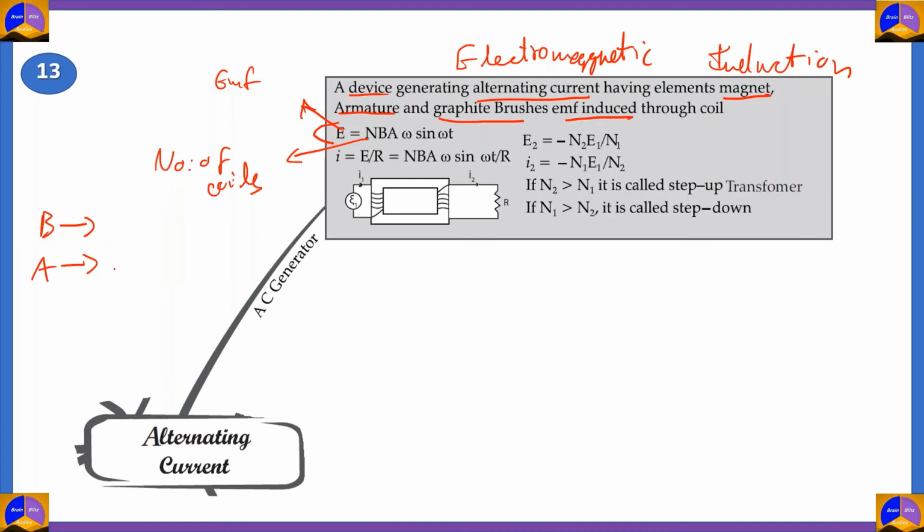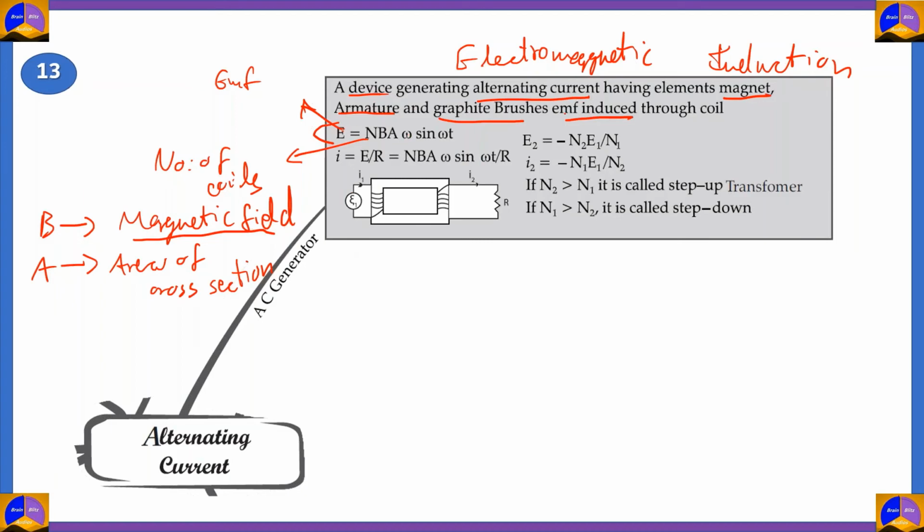We have B and A. A refers to the area of cross section, that's the area through which the flux passes. And B is the magnetic field generated by the AC generator. The AC generator produces a certain magnetic field to make current, so that magnetic field is represented as B. And so this is to find the EMF.